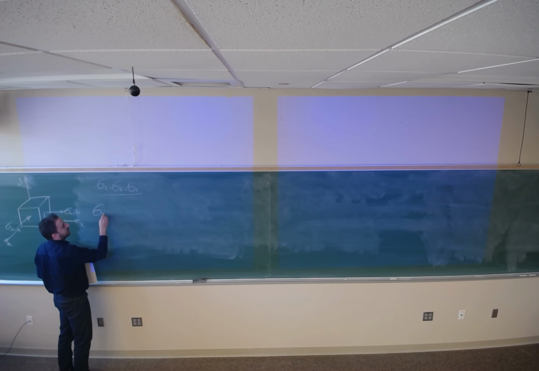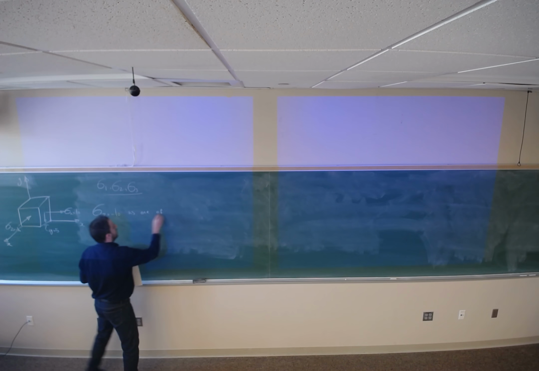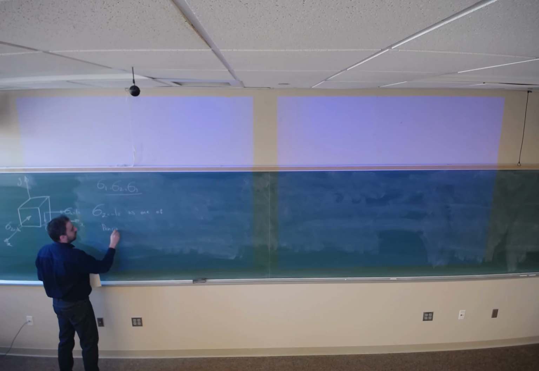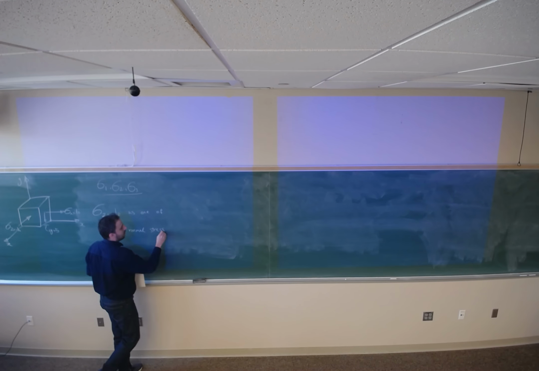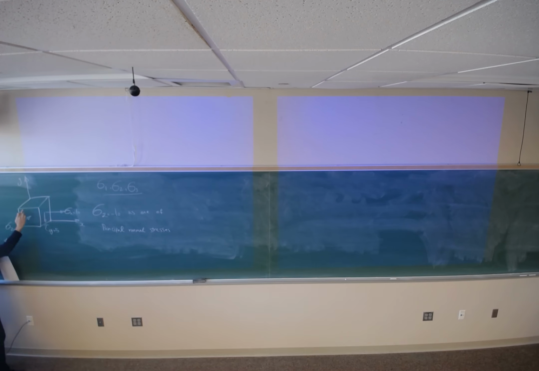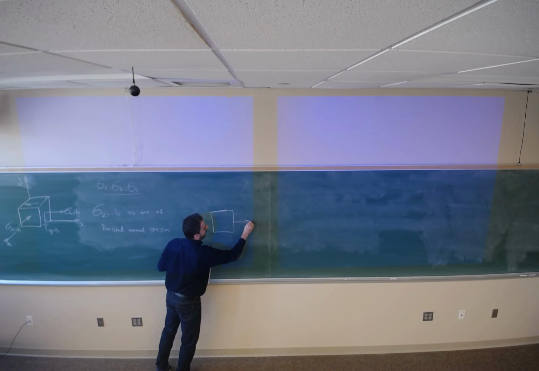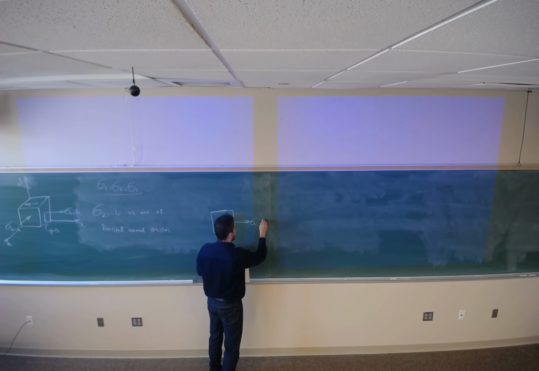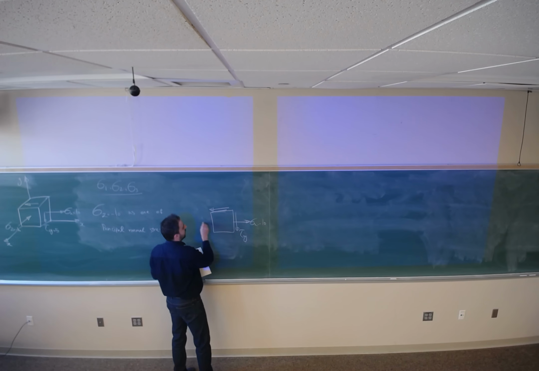So I'm gonna keep this as one of the principal normal stresses, and I'm looking for the other 2. If you look from this side, you will see a plane stress element with sigma x equals 10, tau xy equals 5, and these are the other terms.